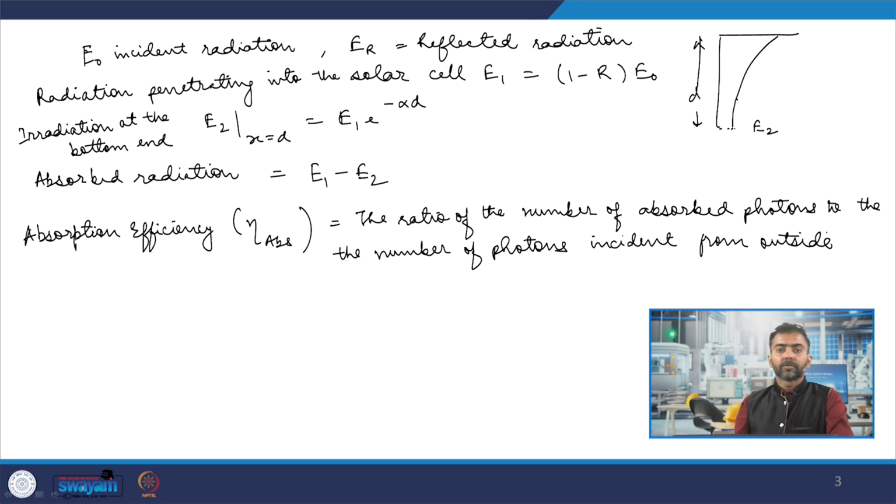So that is how we define the absorption efficiency: the ratio of the number of absorbed photons to the number of photons incident from the outside.